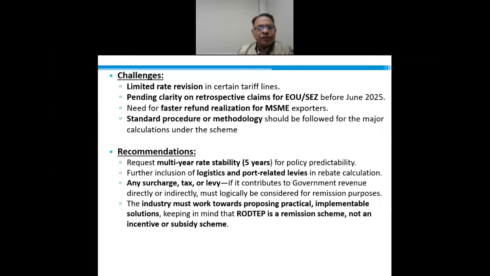Inclusion of logistics and port related levies. Any surcharge, tax or levy, in my opinion, if it contributes to the government revenue directly or indirectly. Why I'm saying this? I'm looking futuristic.